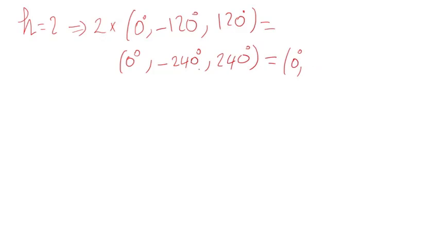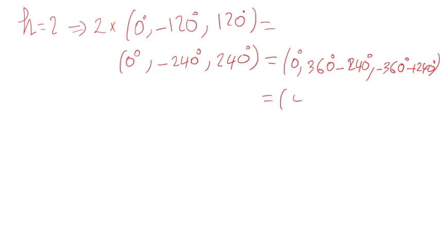0. Minus 240, I can add 360 degrees, and it's not going to change anything. And on the other side, I can add negative 360 degrees plus 240, and I'm not changing anything.